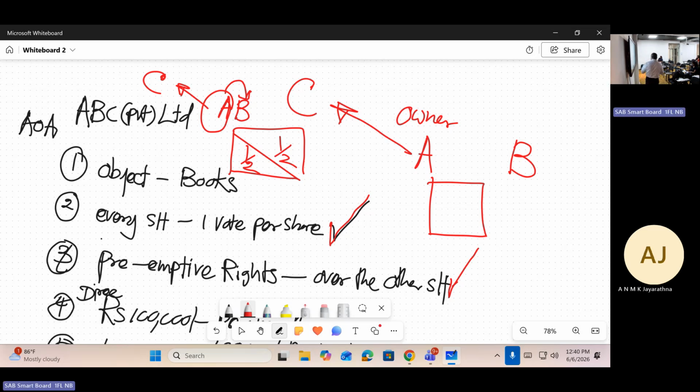Suppose A is a shareholder of the company, the owner of the shares. Then if A wants to sell his shares, the first choice is to be given to the existing shareholders.